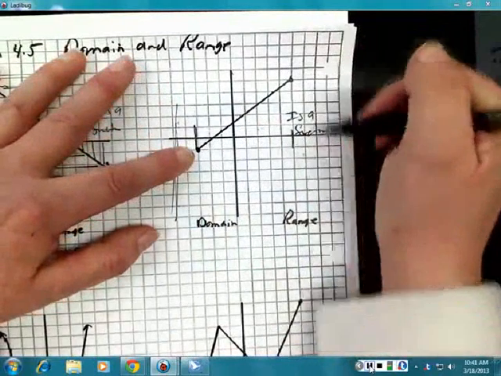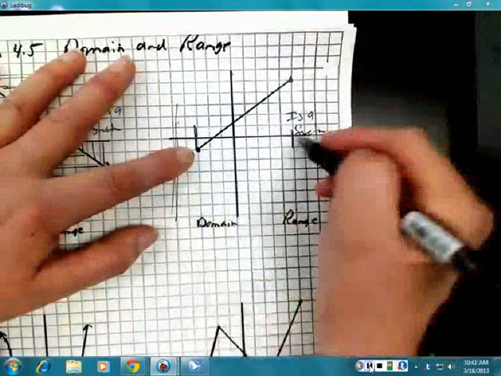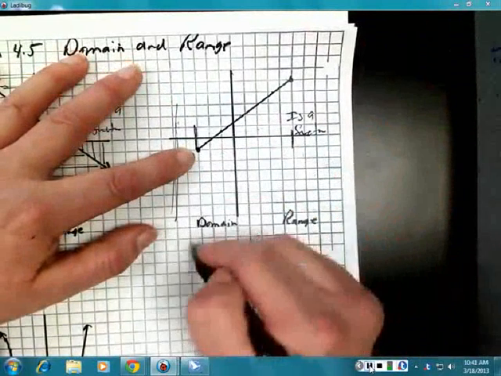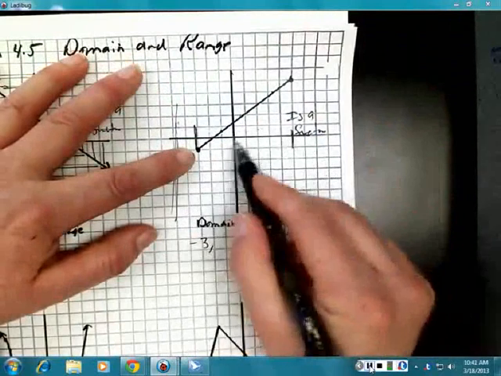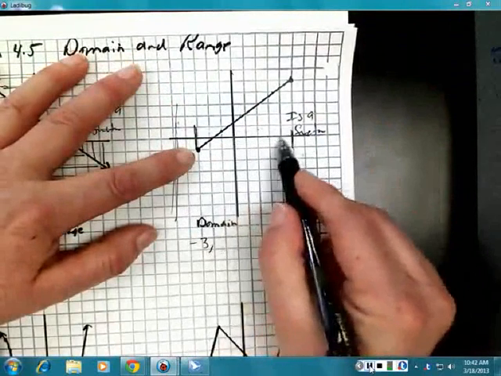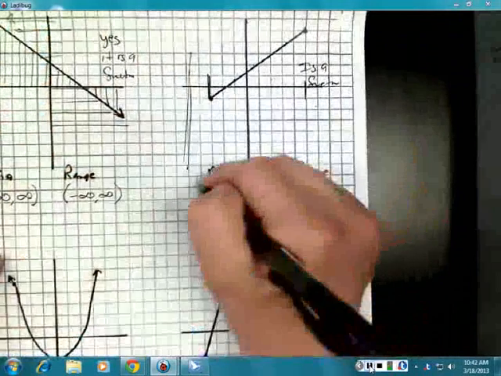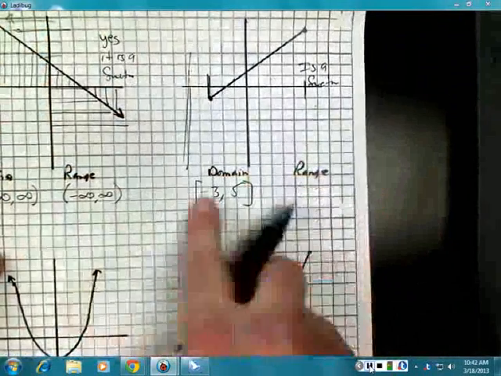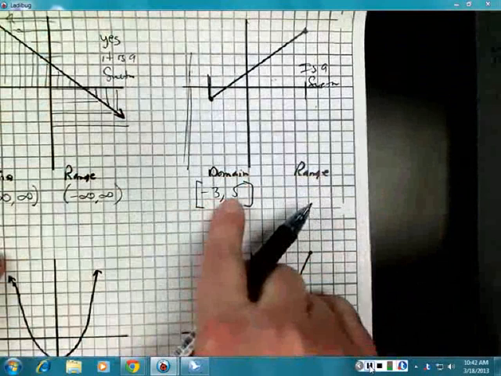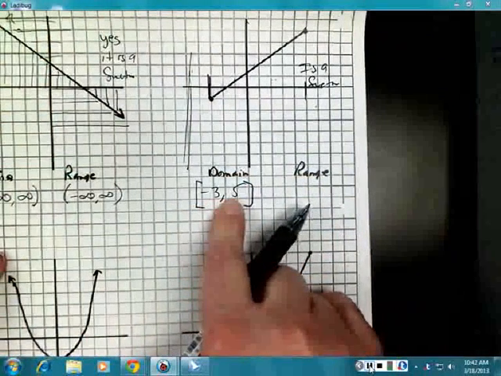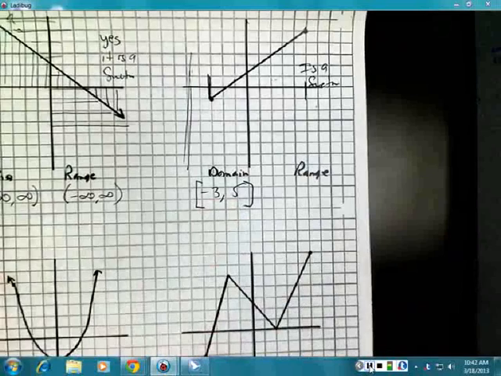I don't hit anything out in this area. So my domain is only going to go from -3 to 1, 2, 3, 4, 5. And so my domain is limited, but it does include a -3 and it does include 5. We okay with that part? What do you think? Yes? Yes. Okay.